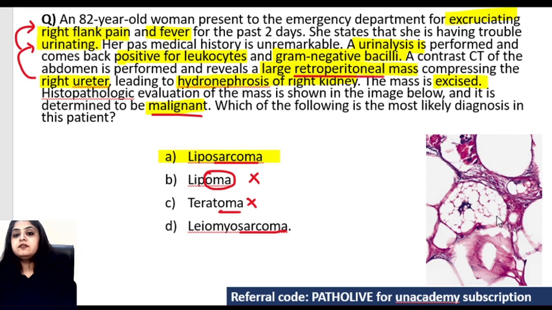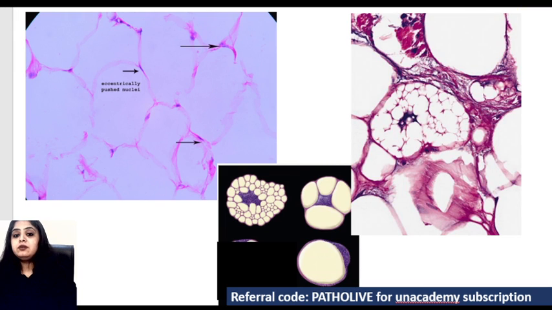Further, I've also been given a case study with an image out here. So what am I seeing out here? Firstly, whenever I'm dealing with fat, we need to understand that it can be benign fat, meaning I could be dealing with a lipoma, or it could be malignant fat, a liposarcoma. Whenever I'm dealing with benign fat, this is how it will look.